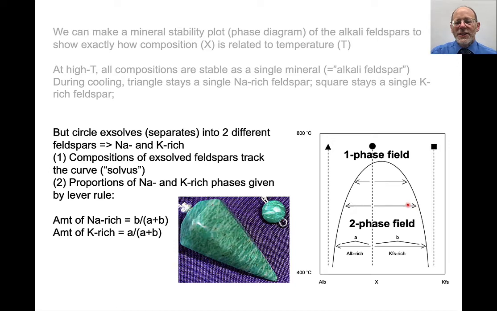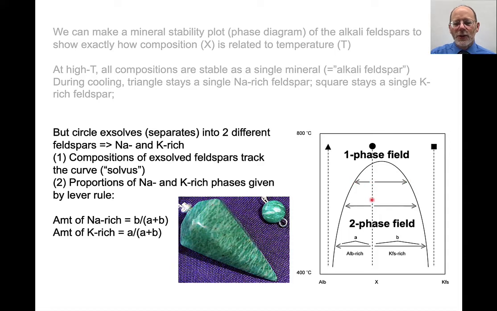The compositions of the feldspars track this solvus. So let's just imagine that you take this dot, you cool it slowly, it hits the solvus, you enter the two-phase field. When you get to this temperature, whatever that is, 700 degrees say, you will have a potassium-rich feldspar of this composition and a sodium-rich feldspar of this composition.